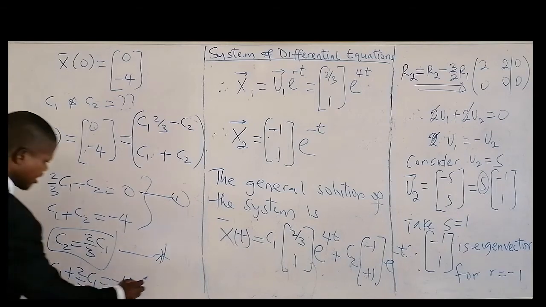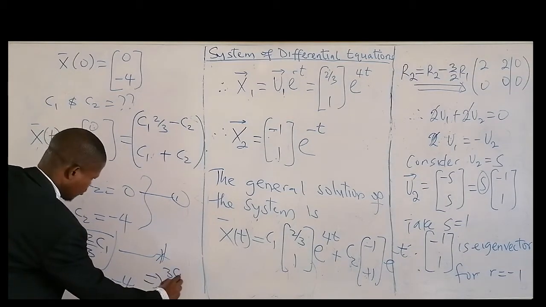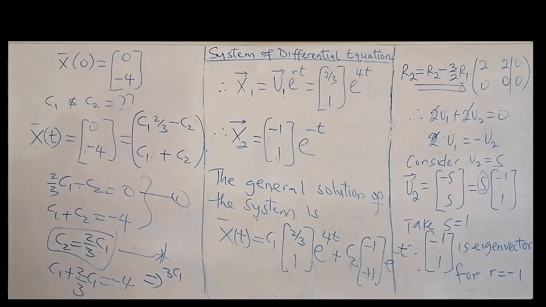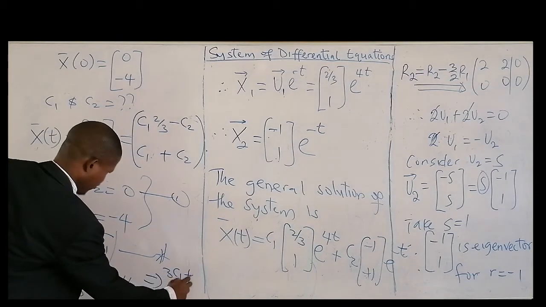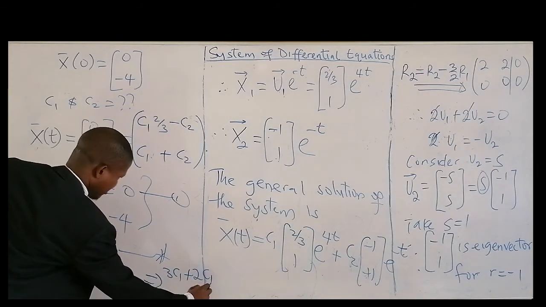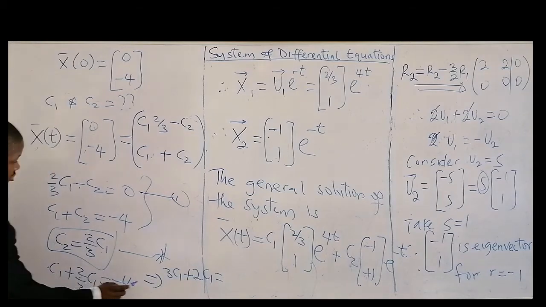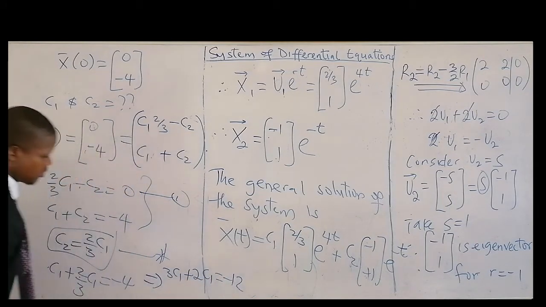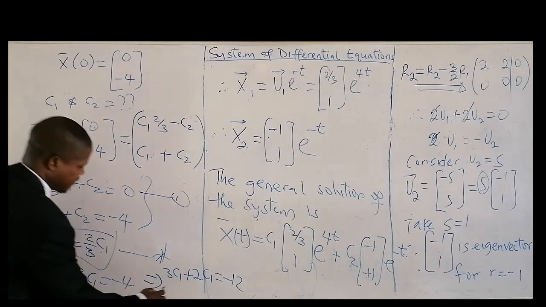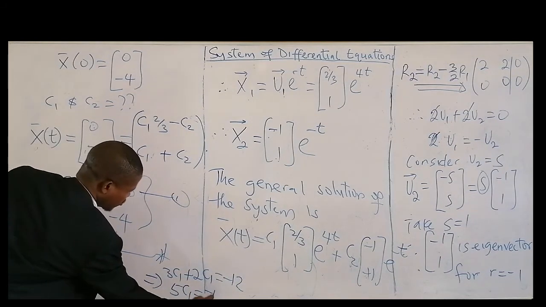Times 3, that will be 3c1 plus 2c1 equal to minus 12. So this one plus this one, that's 5c1 equal to minus 12.